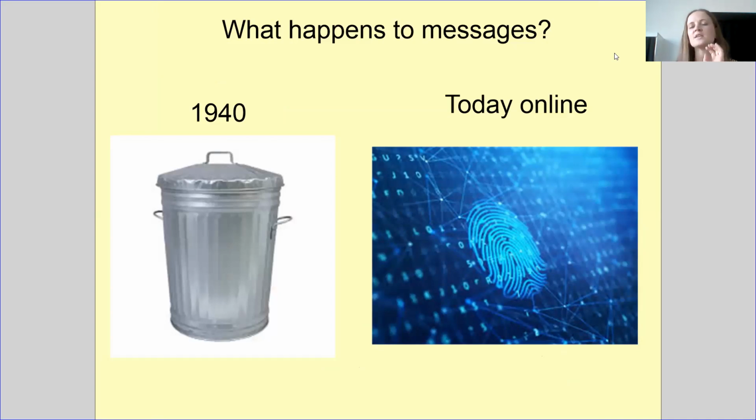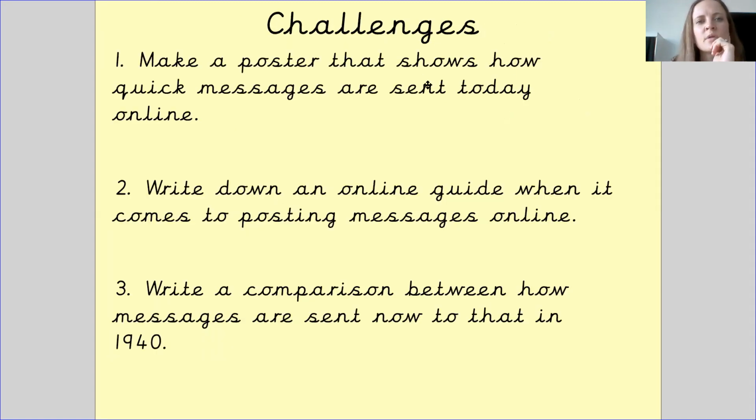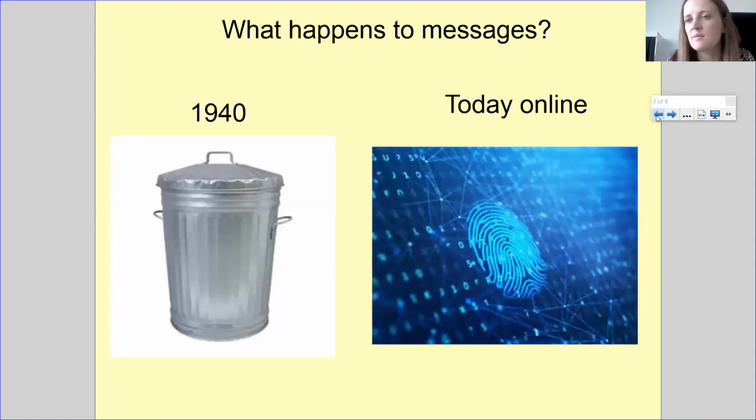There's always some kind of trace of them. So I want you to think why that's important when we come to internet safety. Why is it important to remember that not everything we say online just disappears, that it's still there?